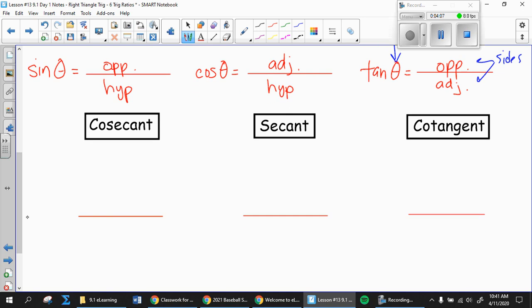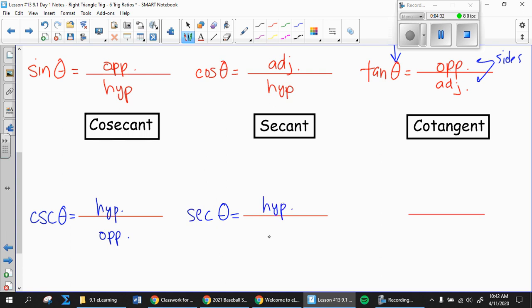So it's flipped. Cosecant, CSC is the abbreviation, of our angle theta is just the reciprocal of this. So now it's going to be hypotenuse over opposite. Secant, our abbreviation is SEC of theta, just the reciprocal.